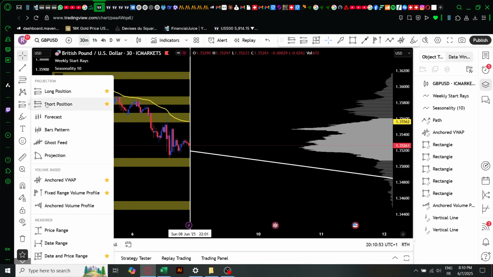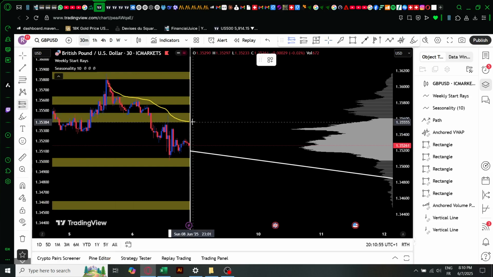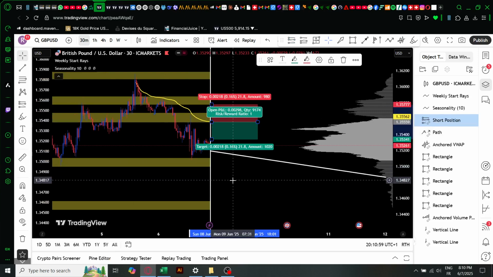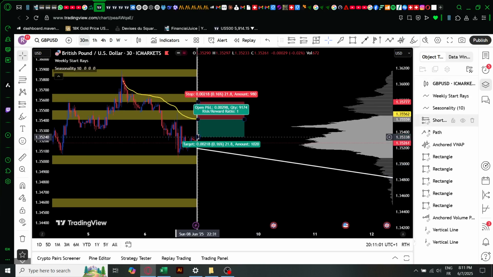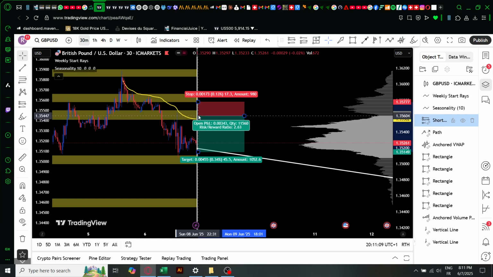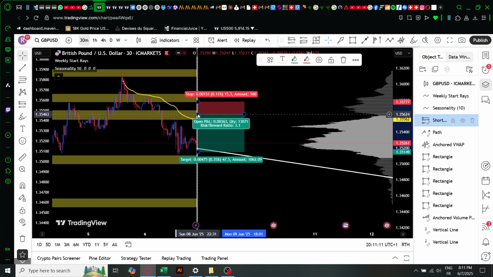So what I will do, I'll go for a short at the beginning of the level. I will put my target here and I'll put my TP just where the movement ends, and then I'll adjust my entry so I can get my risk reward ratio plan. So this is all.